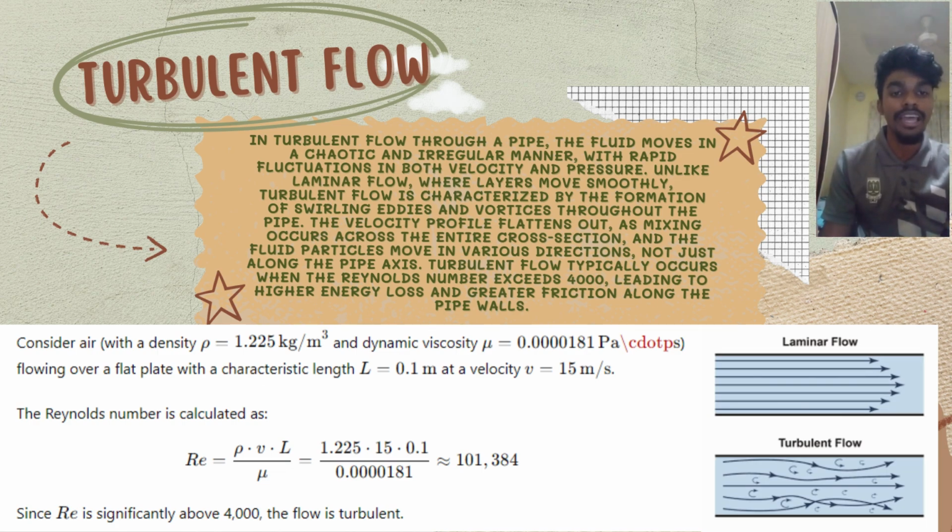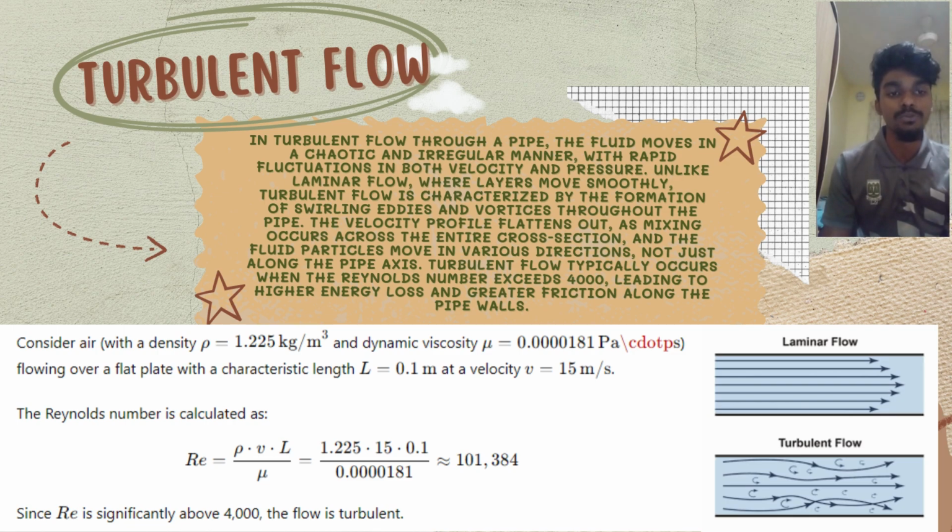So, an example of a Reynolds calculation: consider air with a density of 1.225 kilograms per cubic meter and a dynamic viscosity of 0.0000181 Pascal seconds, flowing over a flat plate with a characteristic length of 0.1 meters at a velocity of 15 meters per second.